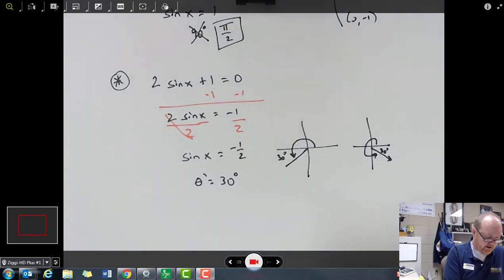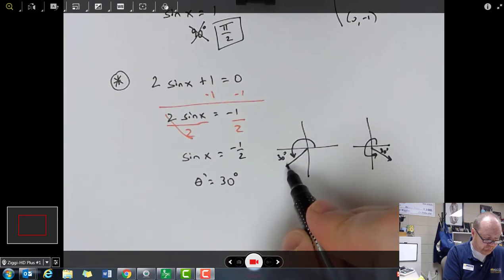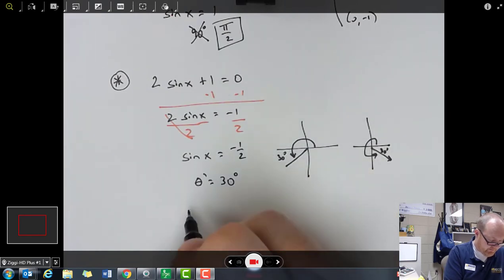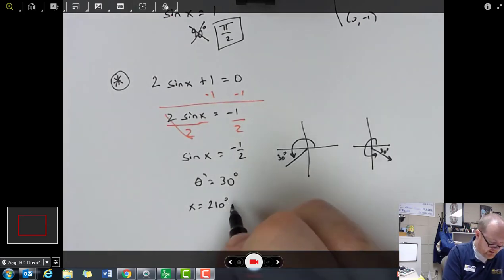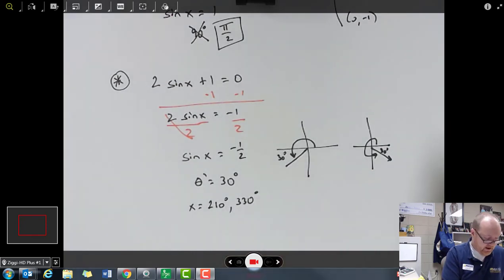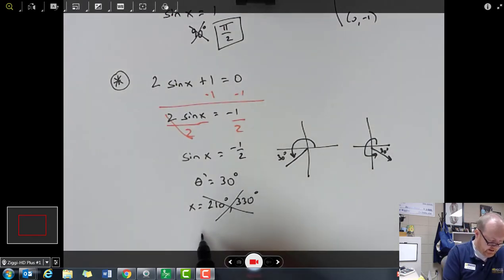So let me find those values. A quadrant 3 angle is going to be 180 plus 30, which is 210. And a quadrant 4 value would be 360 minus 30, or 330. Again, I want radian measure out of all of that. These are each multiples of 30 degrees, and we've talked about this several times.